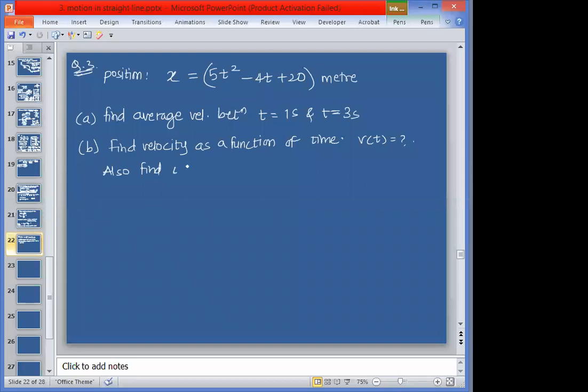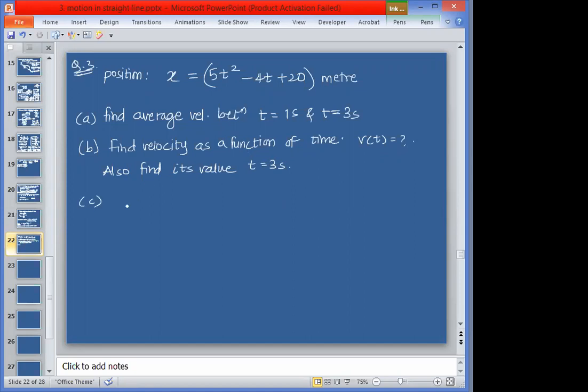Also find its value when t equal to 3 second. They want the instantaneous velocity.